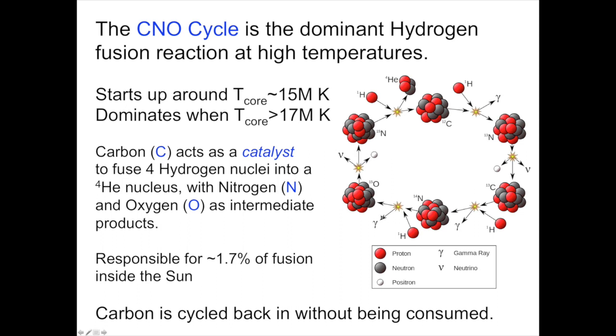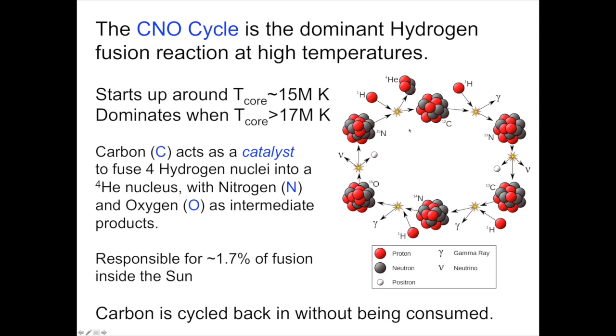This nitrogen waits around for a while until it fuses with a third proton, releasing a gamma ray photon, and now making an isotope of light oxygen, oxygen-15, 1 fewer neutron than the familiar oxygen that we breathe in this room. This light oxygen is unstable. It emits a positron and a neutrino, turning into a heavy nitrogen, nitrogen-15, which then in turn fuses with the 4th and final proton, which then splits into a helium nucleus and a carbon nucleus.